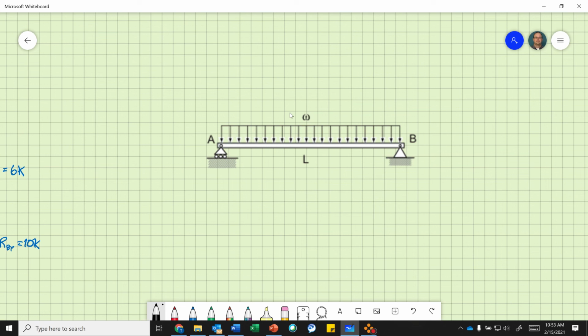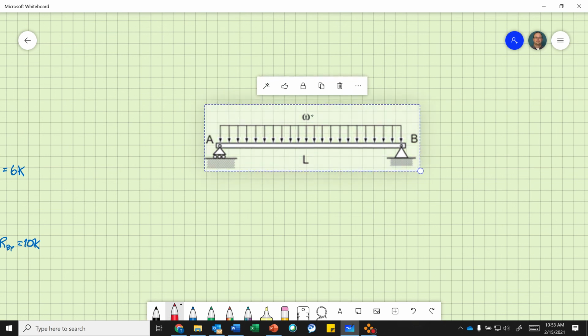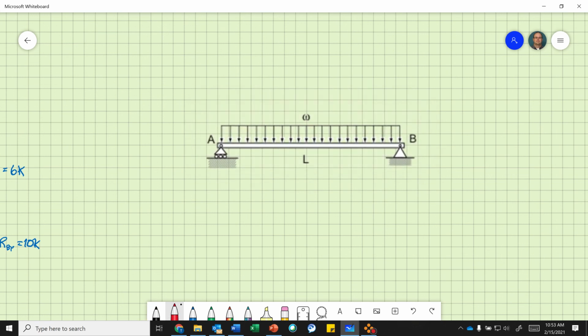All right, so we have A, we have B. Let's make our line load 100 pounds per foot, and let's make our beam length L equals 10 feet.